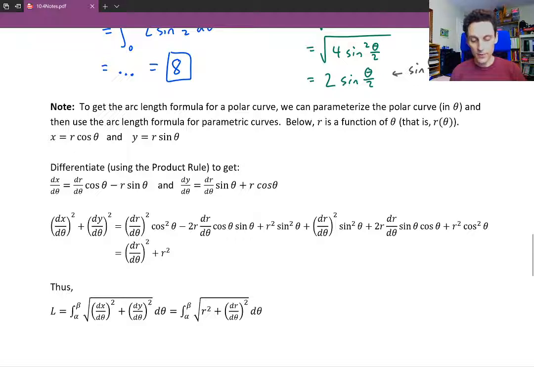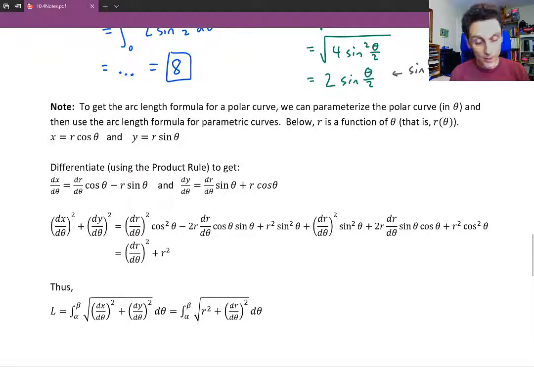So we mentioned that we were going to explain why the integral for the arc length of a polar curve is the way it is. What you can do to get that is ride on the fact that you can rewrite polar curves using a parameterization.